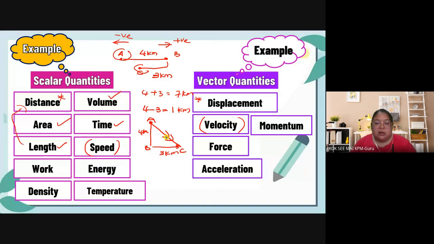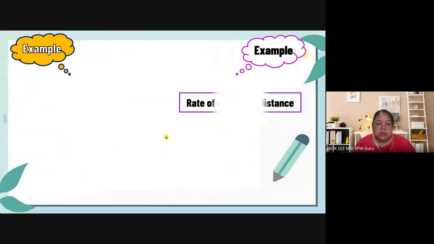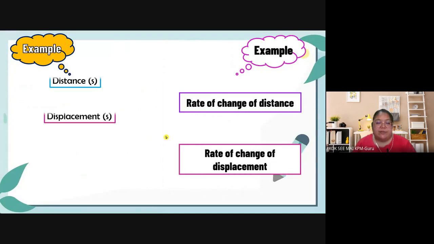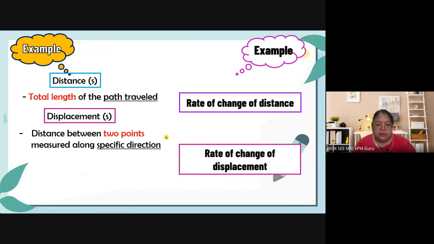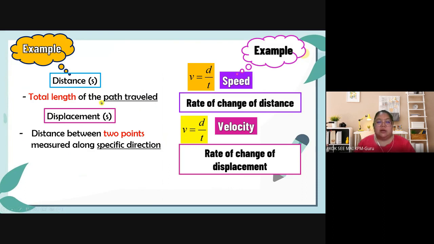Okay, so now we see example. Okay, this one is a definition. Distance 它的意思就是total length of path travel. Total length. 不管你走多远啊，我只是加起来那个就是distance. Total length path of travel.